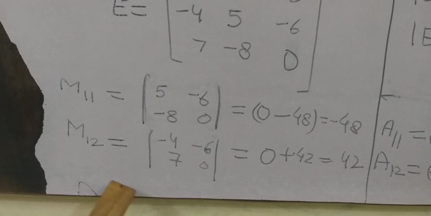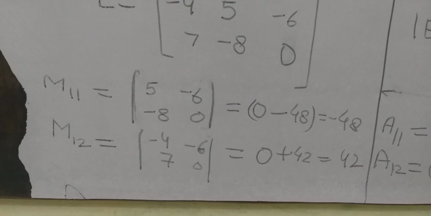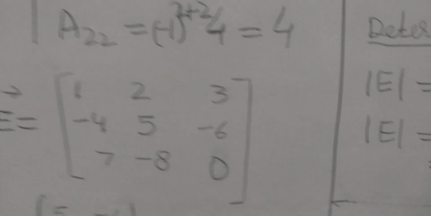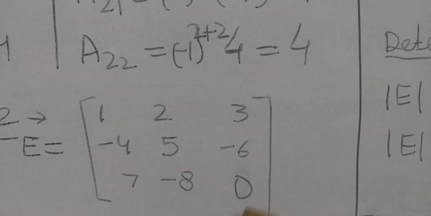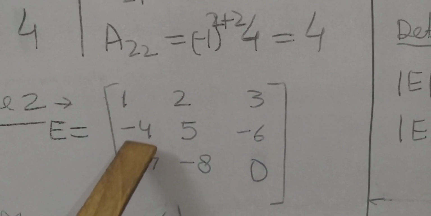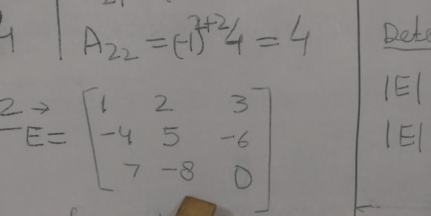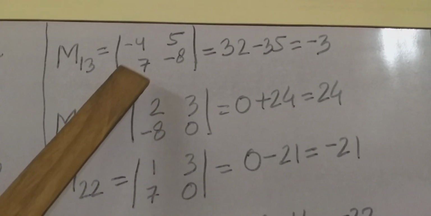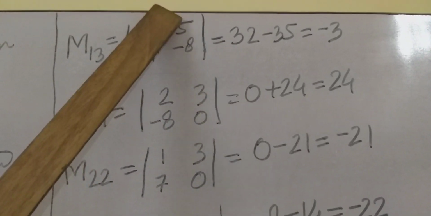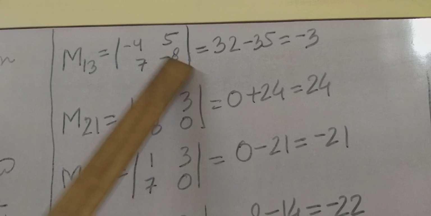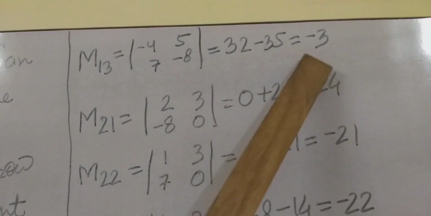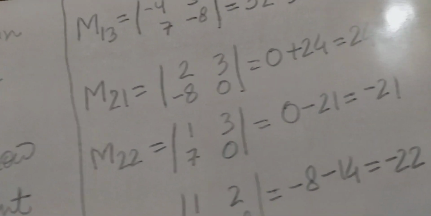So this is its minor. Now find out the minor of A13. Delete its row and column, left values minus 4, 7, 5, minus 8, its determinant. So M13 equals minus 4, 7, 5, minus 8. So 32 minus 35 equals minus 3.